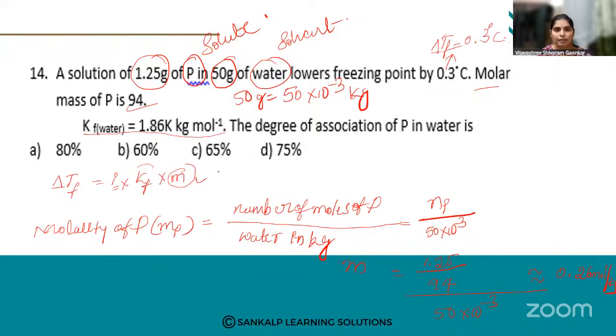Right. This m we have calculated. So in this formula, we now know m, and Kf is a constant already given. We have to calculate i now, right? So we have to calculate i. So just remember this quantity. We are going to substitute this.